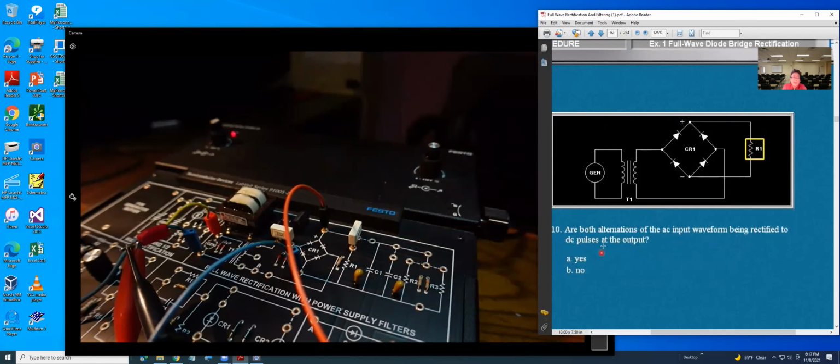And they ask whether both alternations of the AC input waveform are being rectified to DC. Yes. Let's say I try to refer.